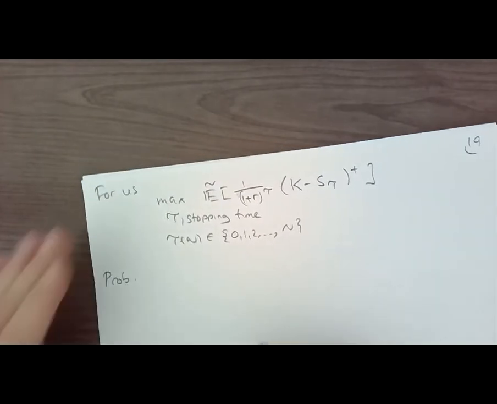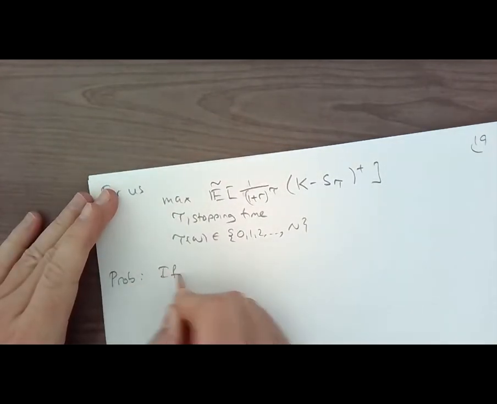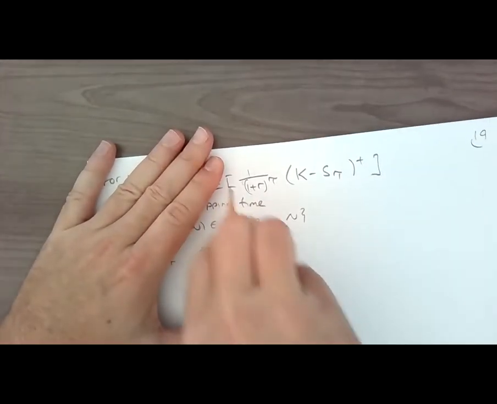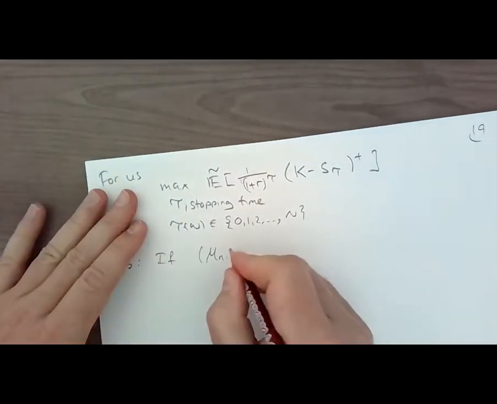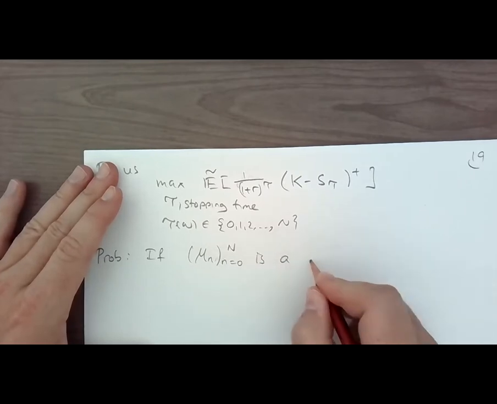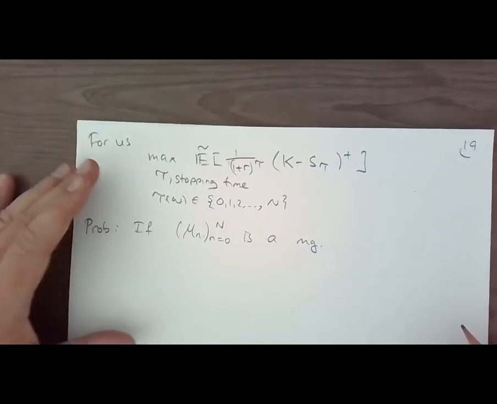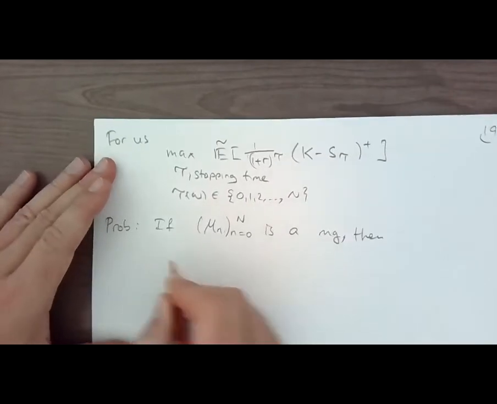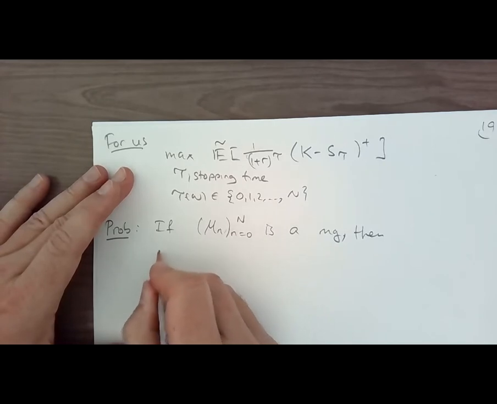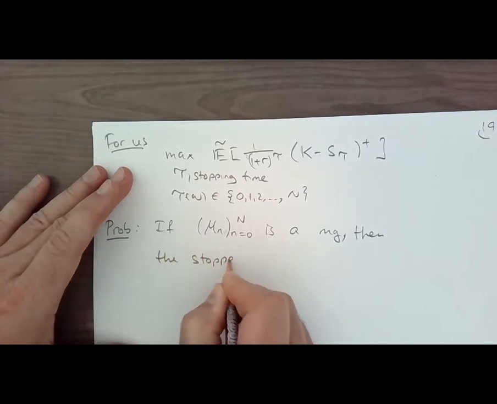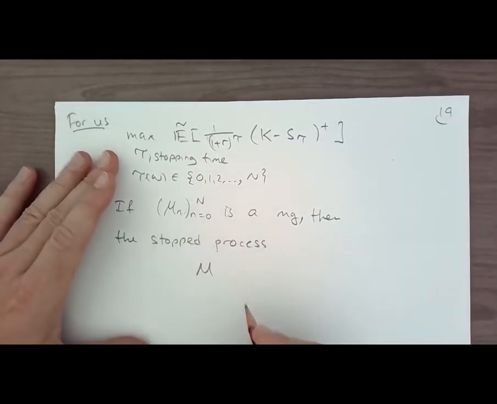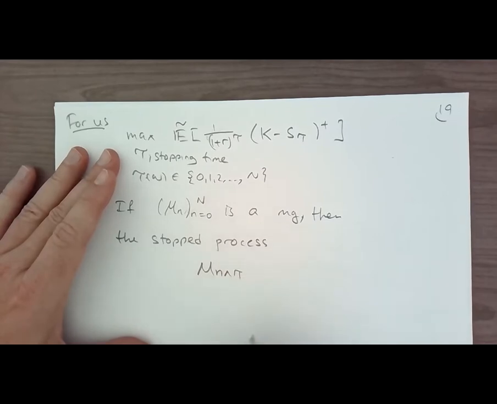It's important because, say, if M_n is a martingale, then the stopped process, M_{n min tau}, right?